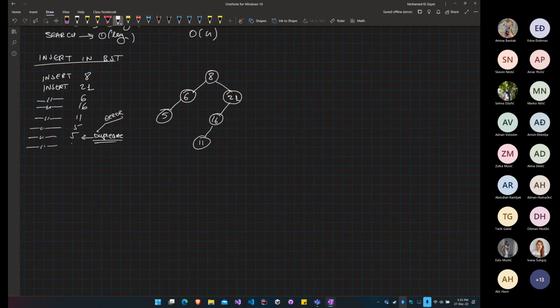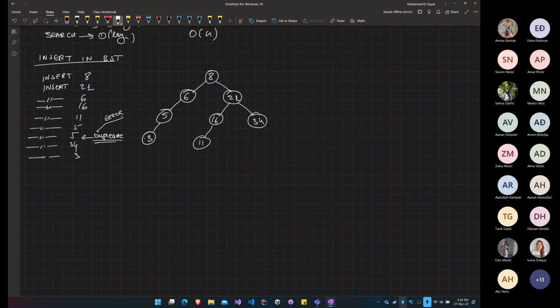Let's insert 34. 34 is larger than 8, larger than 21, so we insert 34. Then we would like, for example, to insert 3. It's actually easy right now. It's less, and then you go here, 3.